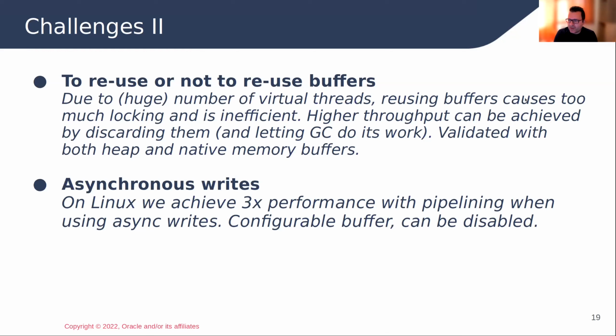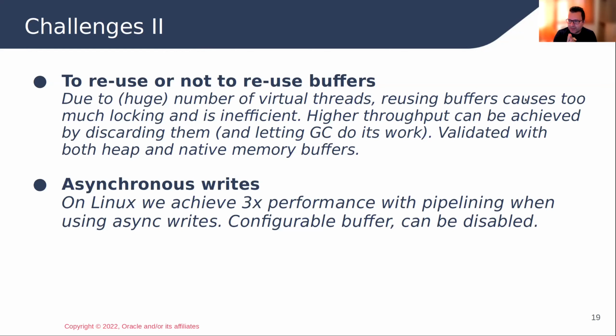And on Linux, when we moved to asynchronous writes, that means we have 2 virtual threads per connection. One of them is reading data, the other one is writing data. We did get as much as 3 times the performance when using HTTP 1.1 pipelining.